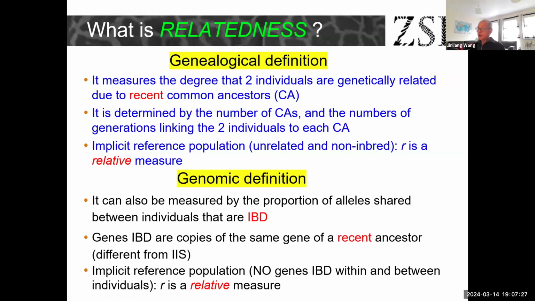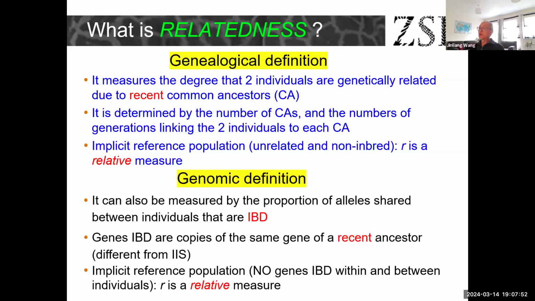Again, there is an implicit reference population in our definition, where we implicitly assume that there are no genes that are IBD within and between individuals, and relatedness is relative to this reference population.